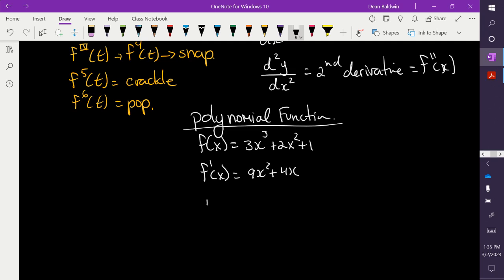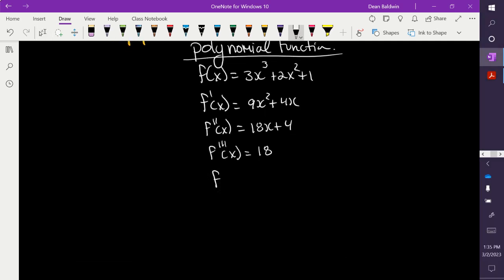Plus 4x. And then we do the second derivative. And then we do the third derivative. And then you do the fourth derivative.